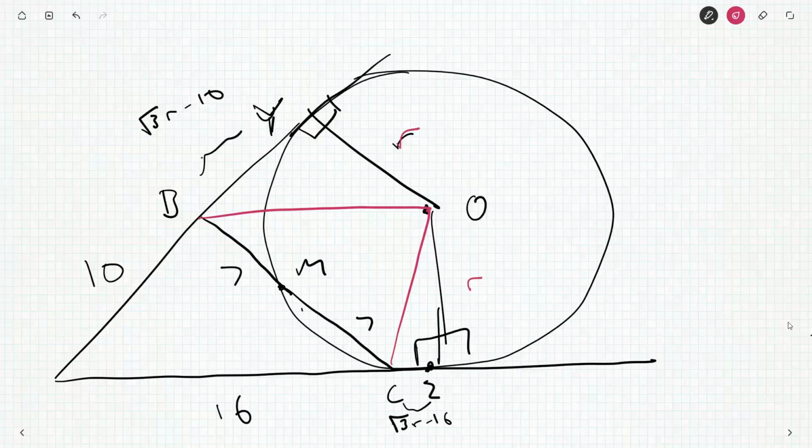Then do I want to connect OM and get an R there? And then I've got these two 7s. And even if I do that... Yeah, because there is a right angle there, but it's not when I meet BC.